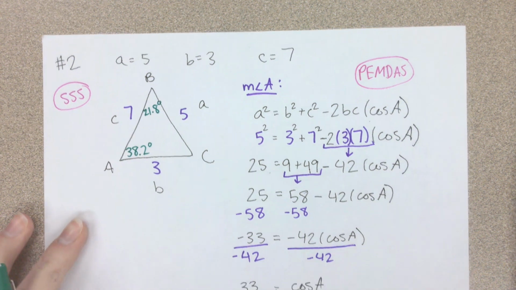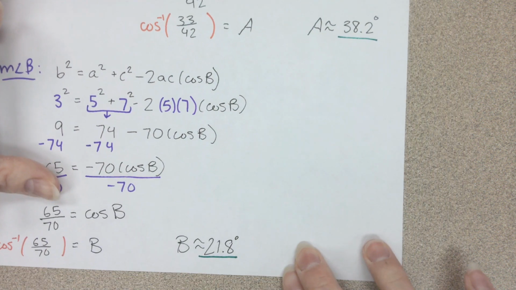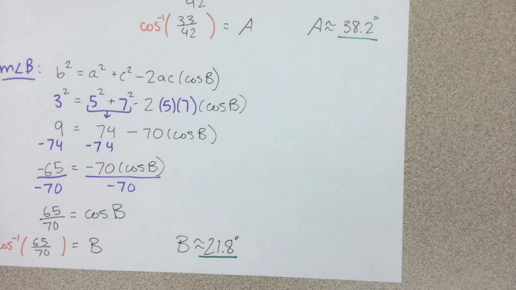Lastly, we need to find C. And we know 2 of the angles, so that part's going to be easy.